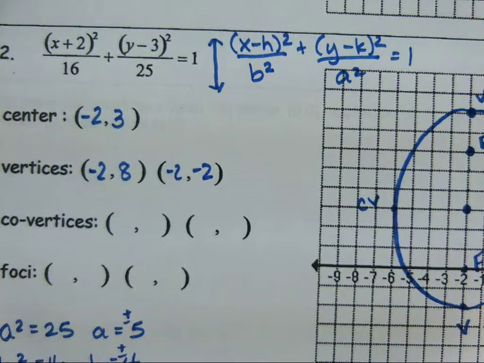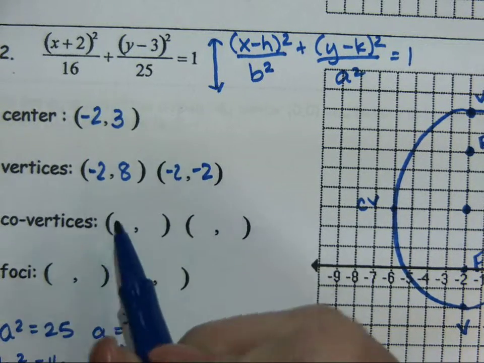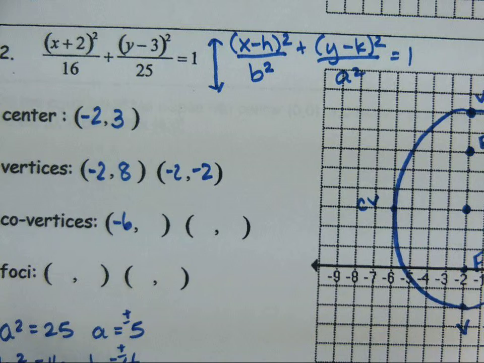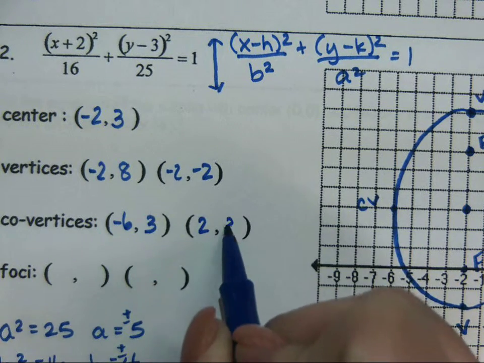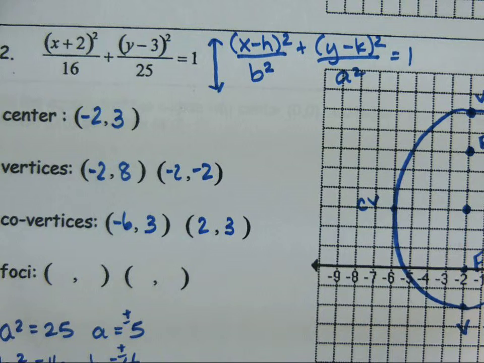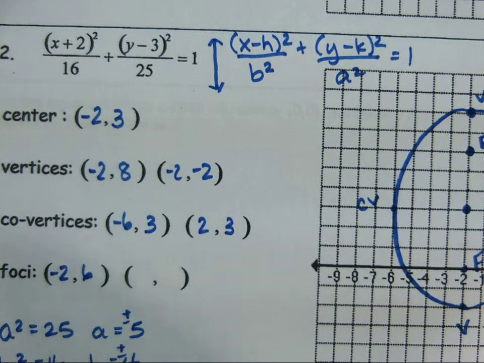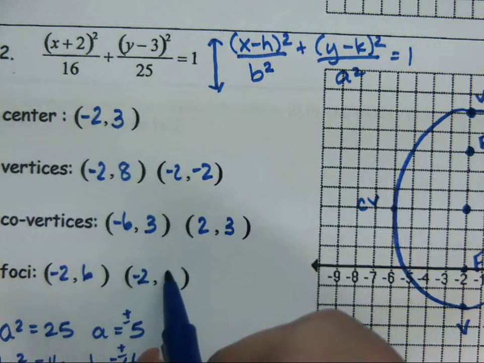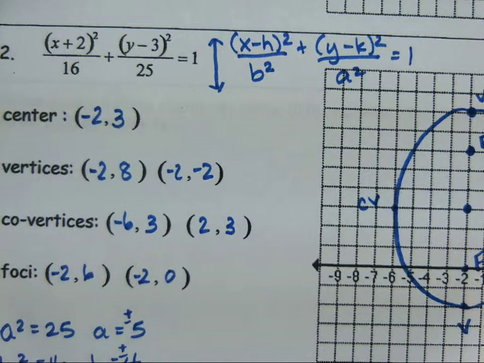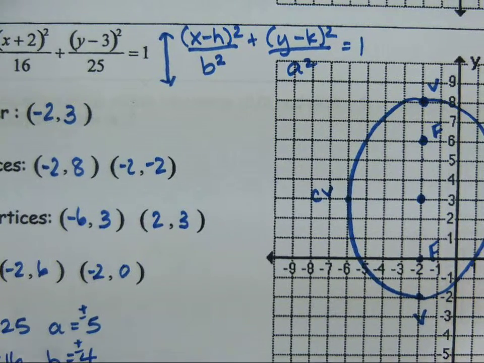I'm just pulling all of these off of my graph, my picture. The co-vertices are (negative 6, 3) and (2, 3). And my foci are at (negative 2, 6) and (negative 2, 0). So once you create your graph, you can start identifying all of those pieces.